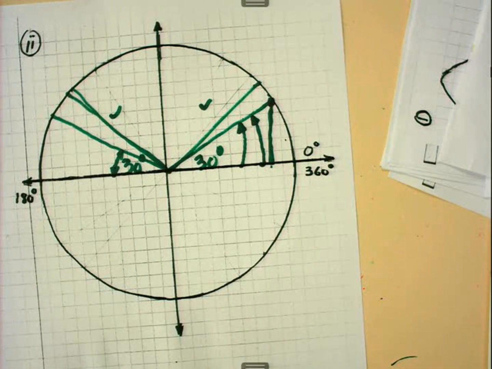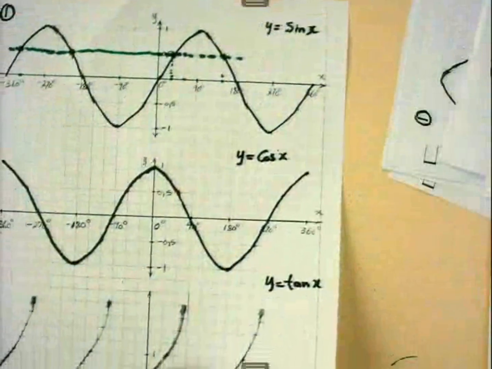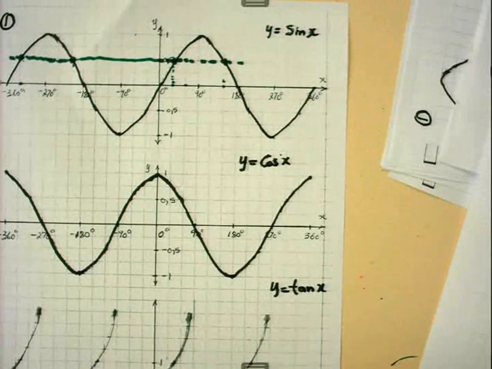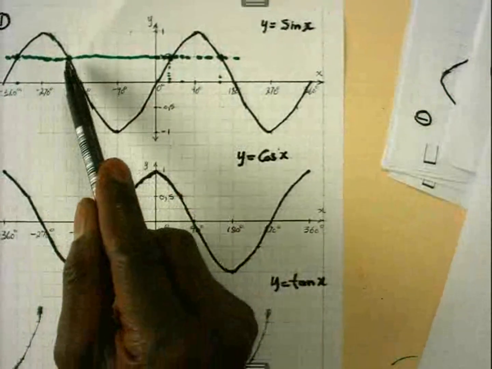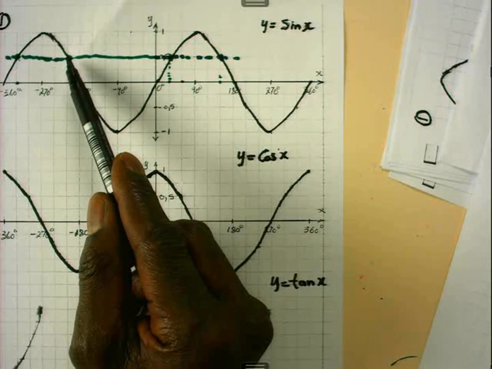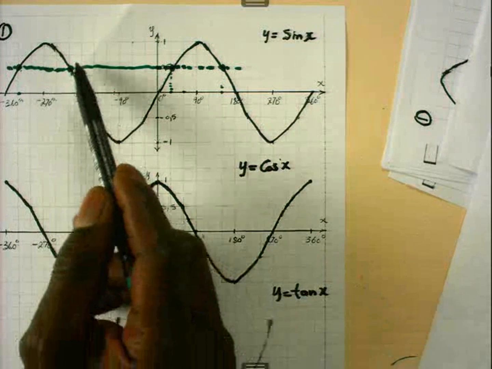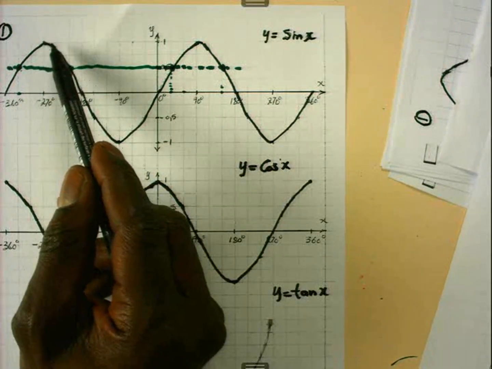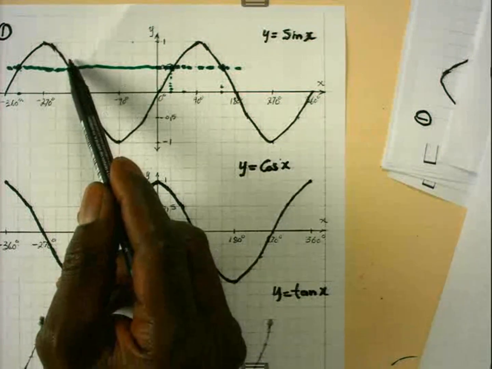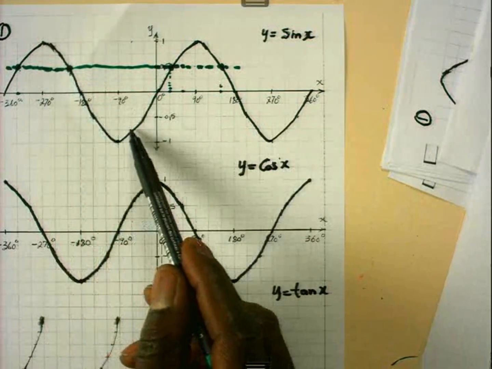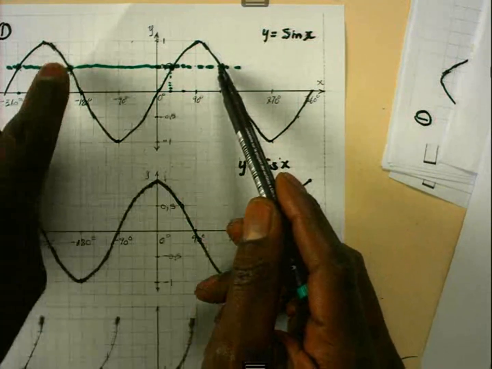Now, if we go back to our sine graph, have a look at your sine graph. Observe, I'm having the solution here as negative 210. Now, if I'm at the top here, I'm moving down. Now I come across the solution there. I want the position where I'm moving down, then I'm here.